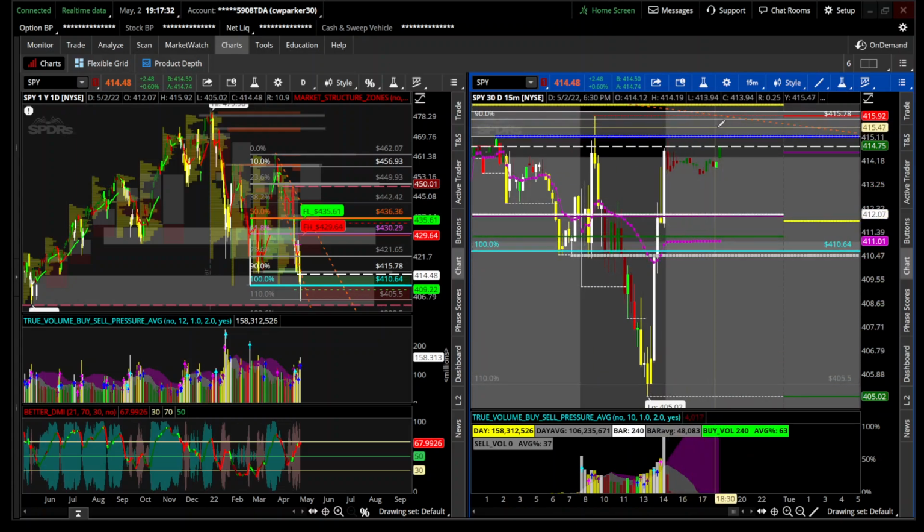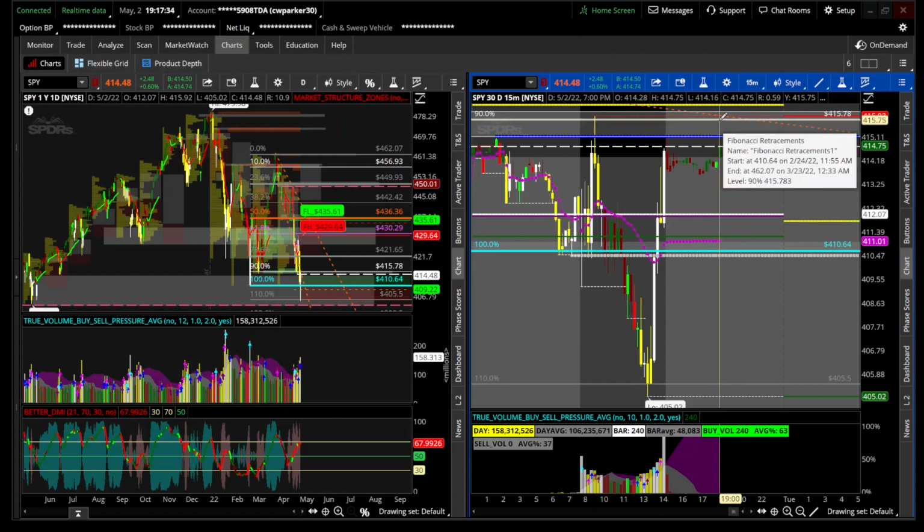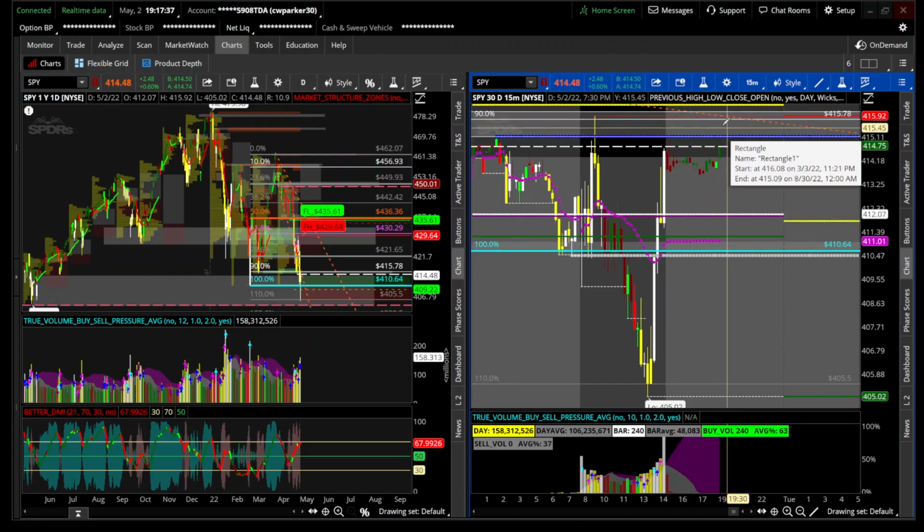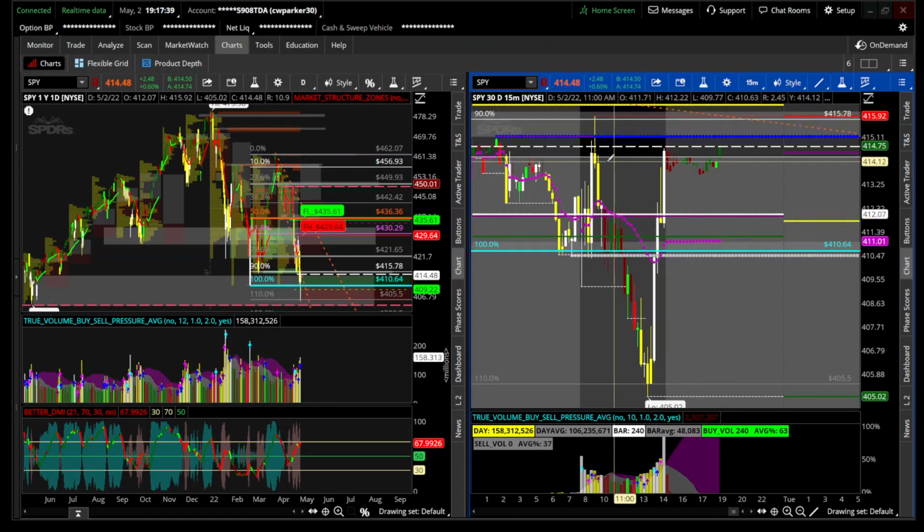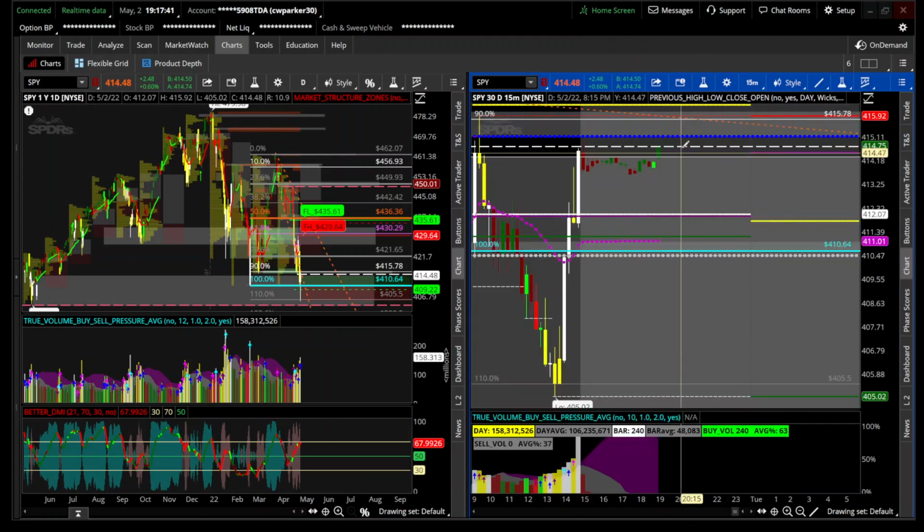But it's gonna need to overcome this old demand zone, which is now working as a supply zone because it broke down below it. So hopefully tomorrow it'll be back above 415. I know the guy, what's his name? Meet Kevin. Talked about this area right here. This 415, I believe.